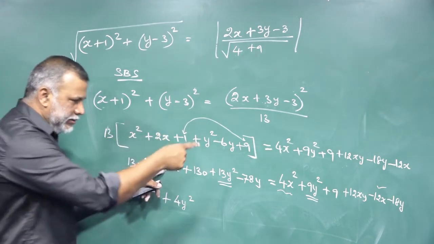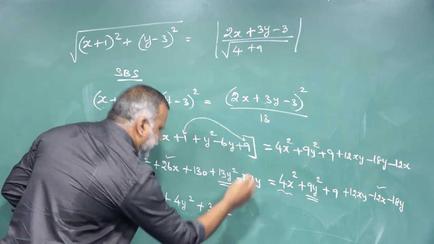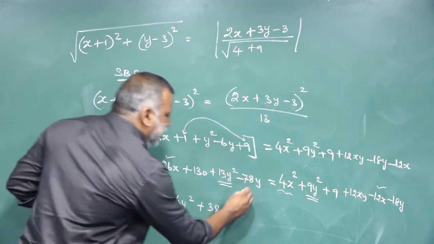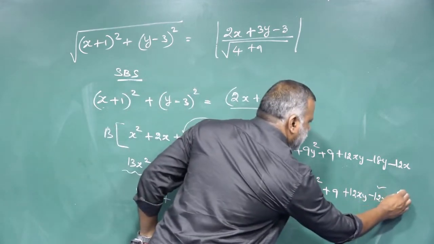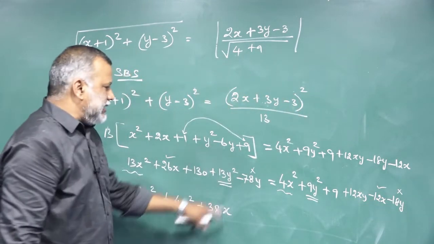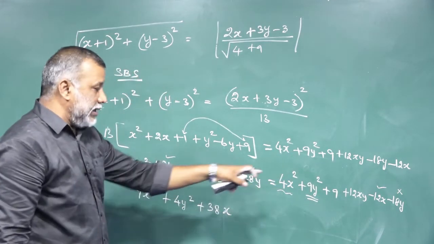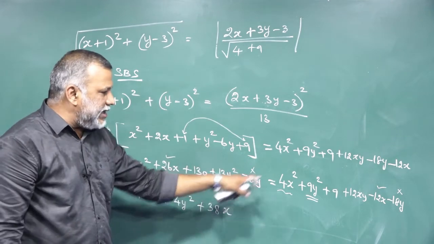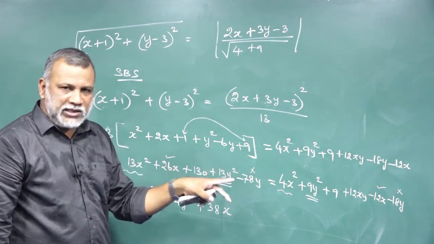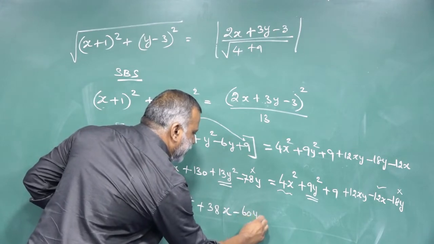So 26 plus 12, we can get 38x. Another one, compare the y family. This is y. Here also y family. So 78 negative. Convert that 18 here, you can get positive 18. So 78 minus of minus positive, it will become minus 60y.